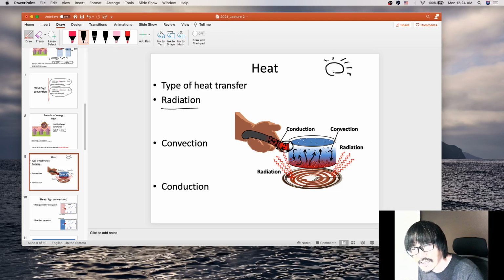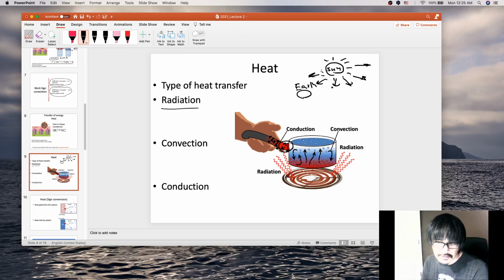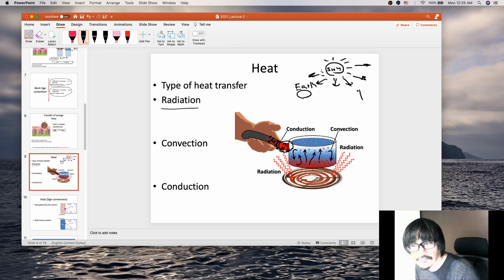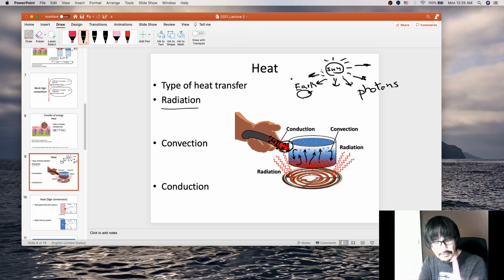So you have the sun, and then some planet like the Earth and Moon is getting heat from the sun by radiation. In this particular case, the sun is emitting high energy photons, and those photons are absorbed by the molecules in the atmosphere, and the atmosphere gets energy from absorbing some of the photons and heats up the entire planet.